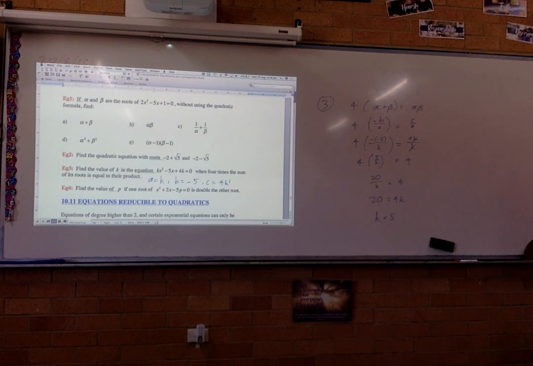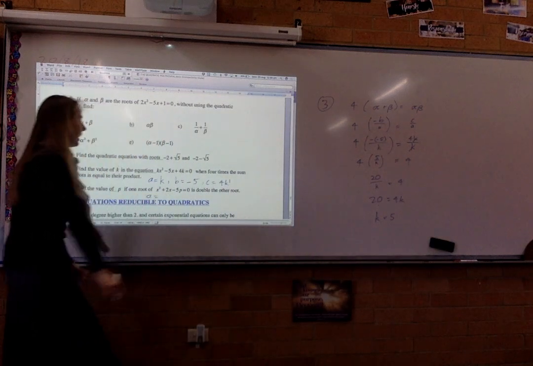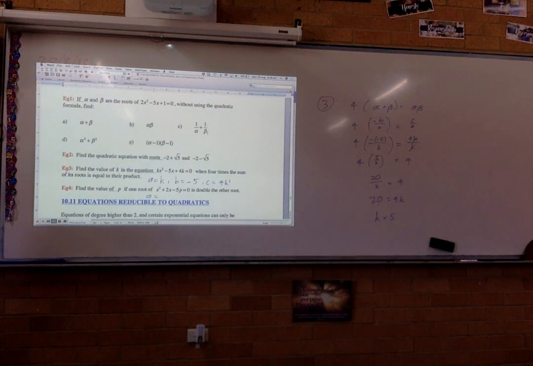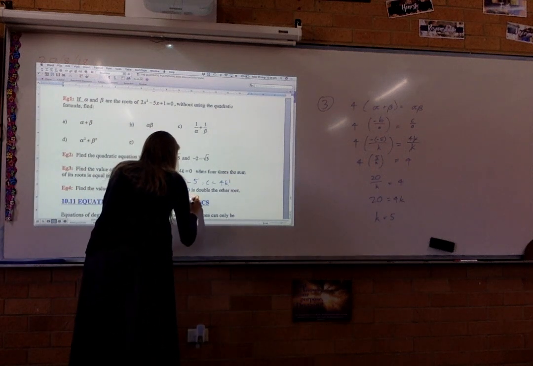The next one is very similar. It's not going to be that hard. Find the value of P if one root of this equation, x squared plus 2x minus 5p equals 0, is double the other root. Well, let's first find out our A, our B, and our C. What's A this time? 1. B, the coefficient of x, is 2.